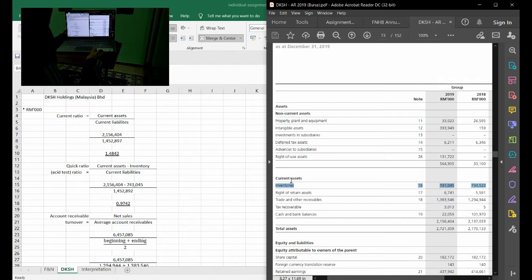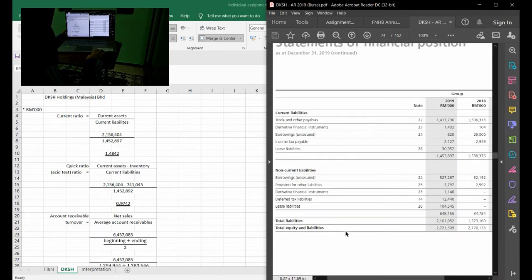Current assets will be here, the total current assets 2,156,404. Current liabilities is here, 1,452,897. So the final answer will be 1.4842.